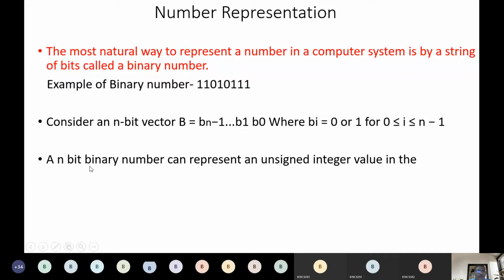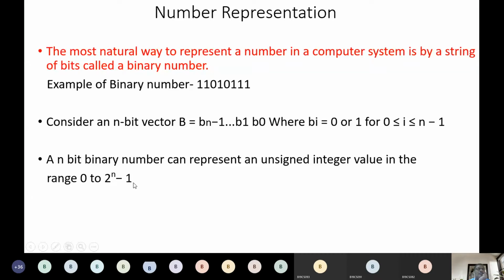An n-bit binary number can represent an unsigned integer value in the range 0 to 2 to the power of n minus 1.